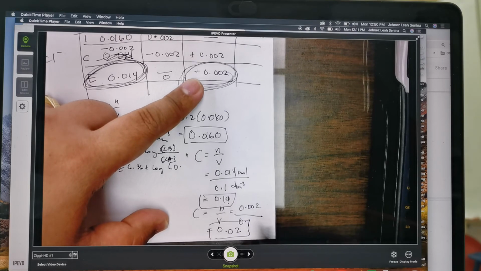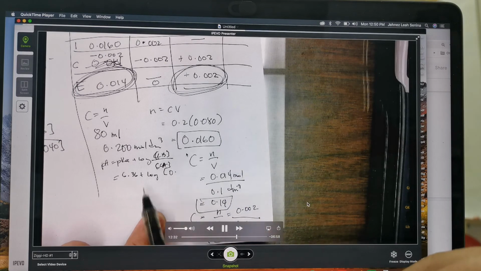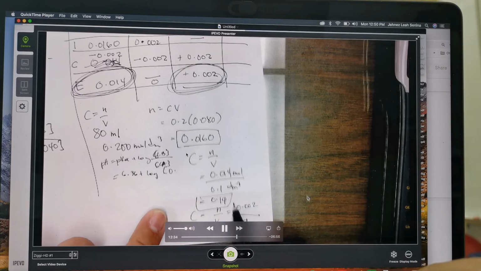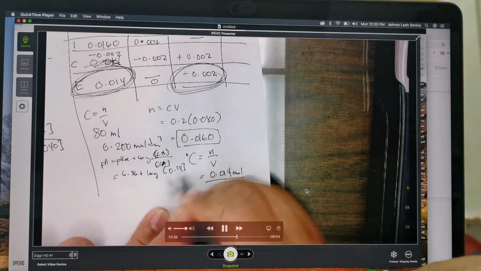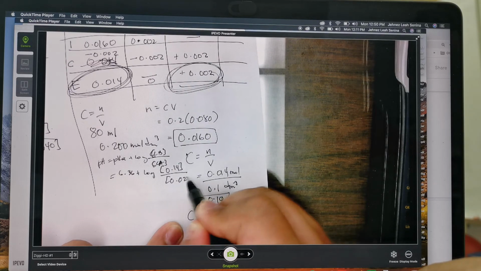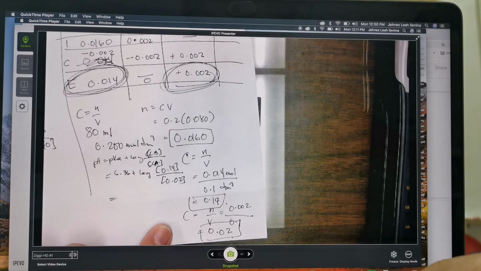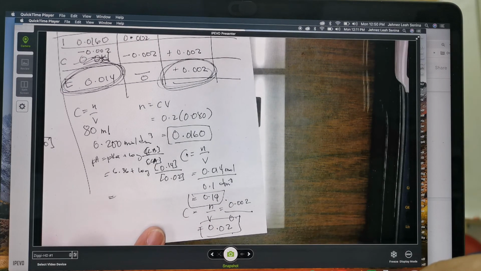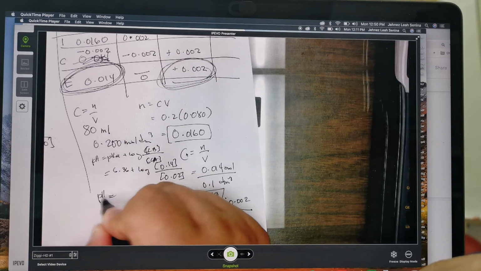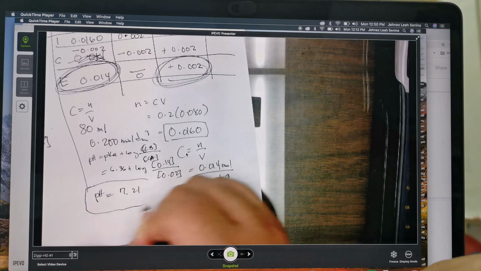That's what you need to put here. So the concentration of conjugate base is 0.14, conjugate acid is 0.02. Plug that in your calculator. You should get a pH of 7.21.